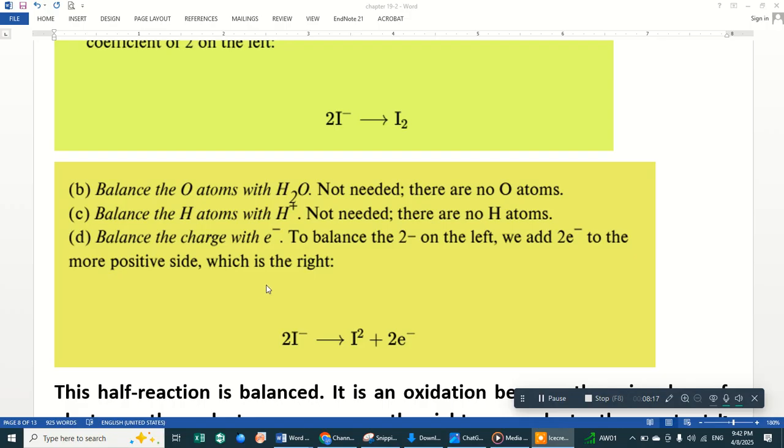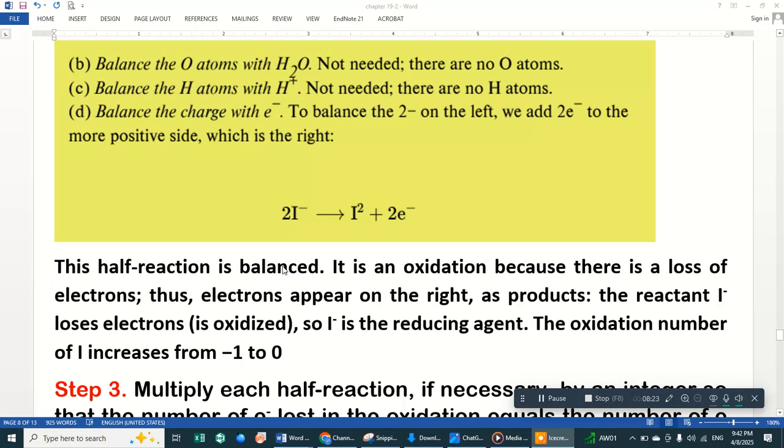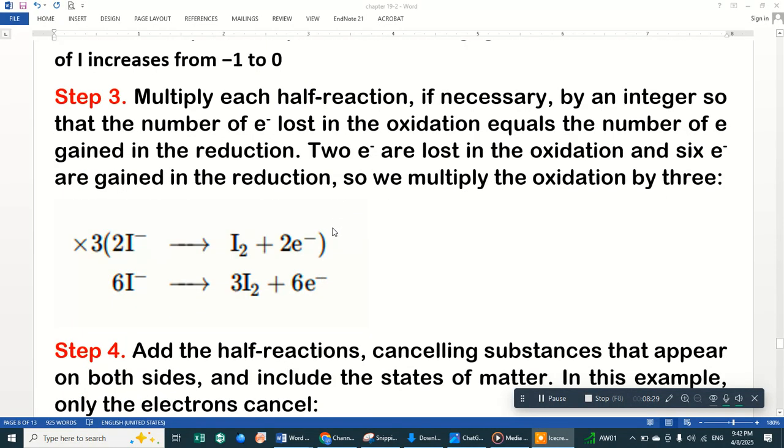But the basic rule is that loss and gain of electrons must be equal. How can we equalize the loss and gain of electrons? To balance this step, we multiply the iodide half reaction by 3. When 3 is multiplied with 2, we get 6 electrons on the product side.